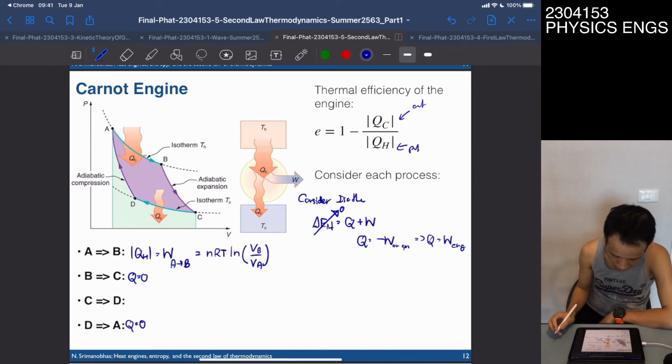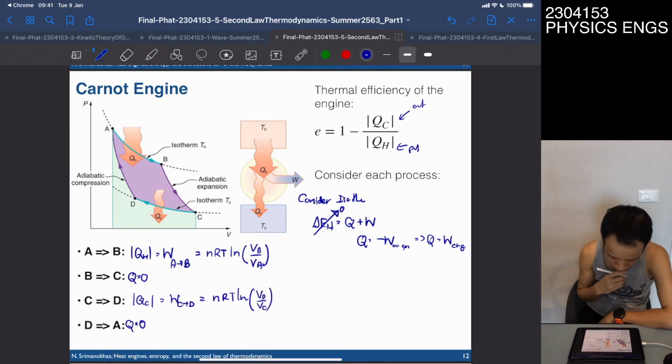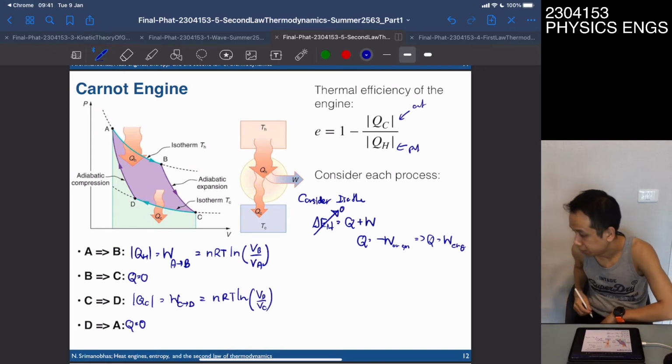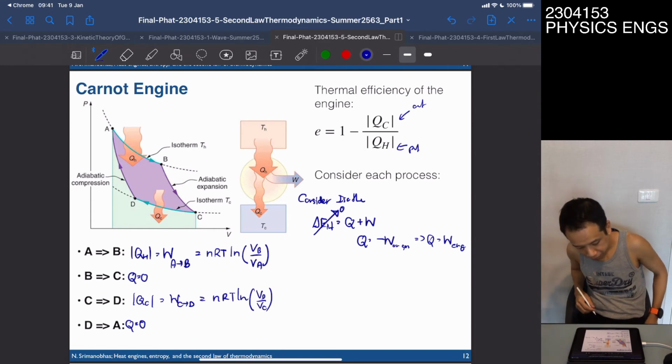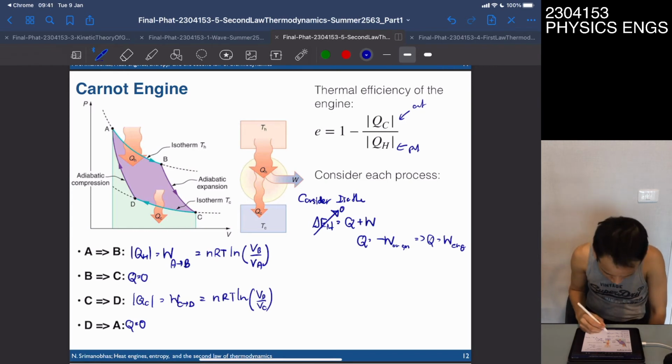Next one is C to D. So Q for C to D is equal to nRT natural log of VD over VC. This is how things work, but remember that VD is less than VC. What does it mean?